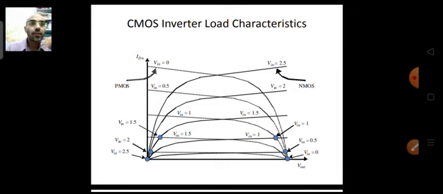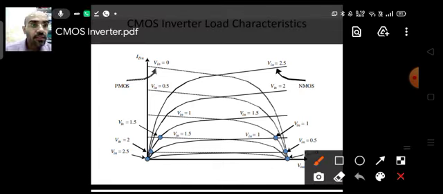For various values of input voltage, let's say Vin is equal to 0, the NMOS characteristics will be the lowest one, near the x-axis. You can see that the NMOS characteristics for Vin is equal to 0 will be this one, whereas for the PMOS, as you have seen in the previous slide, that will be the highest one.